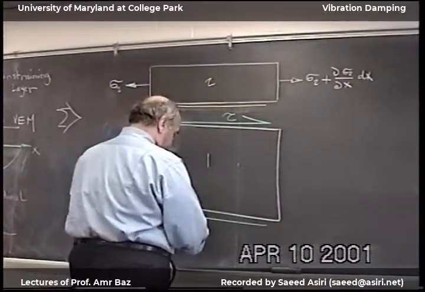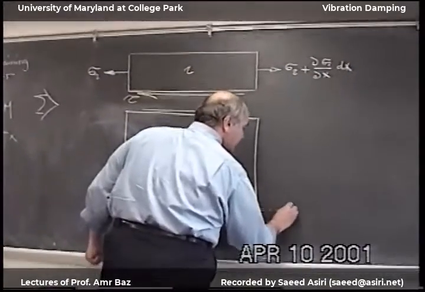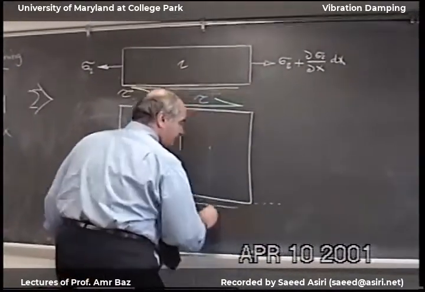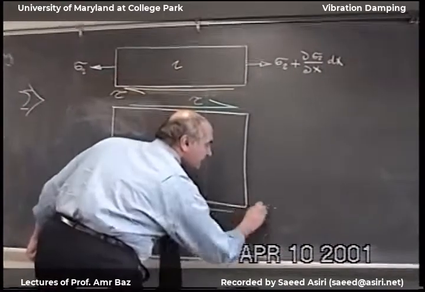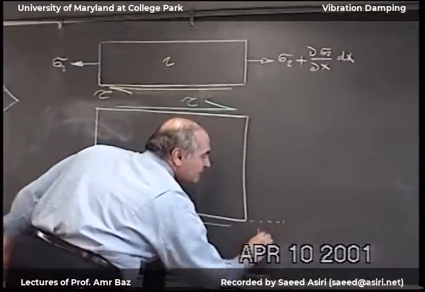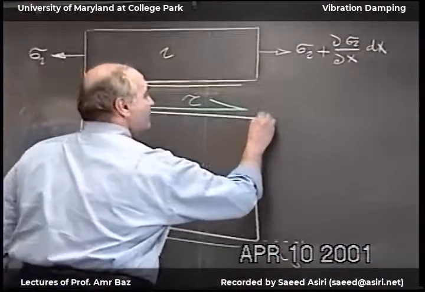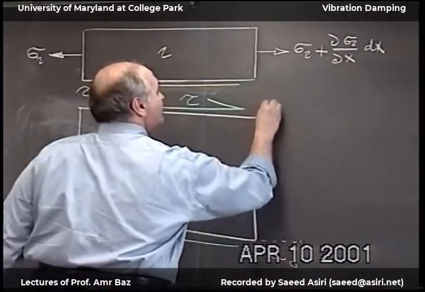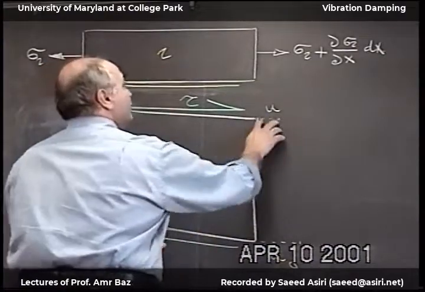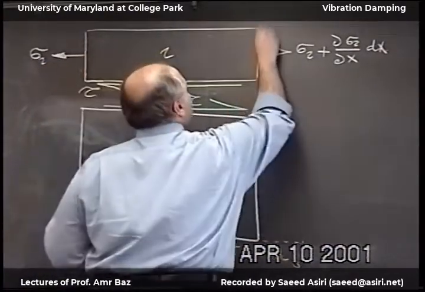Okay, so now this moves some epsilon 0, and this will move a distance u 0. This would move a distance u. The u is the same u as the structure.